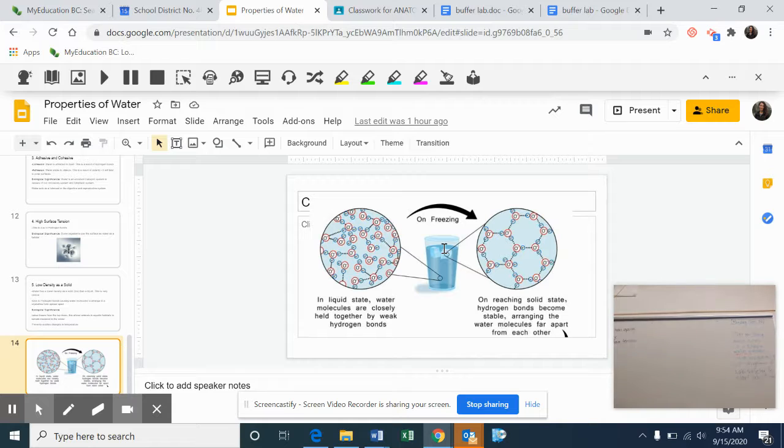Okay, what was the third one? Sorry, I numbered these differently than I have them on here. It was the paperclip one, right? Yeah. Okay, so with the paperclip, ideally what happened, and I know that this didn't happen for everybody, you had water in a petri dish and you put a paperclip in and it should have floated on the surface of the water.